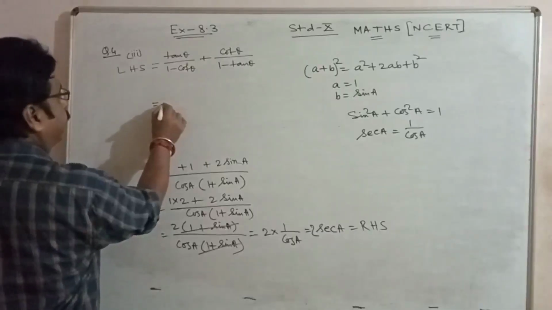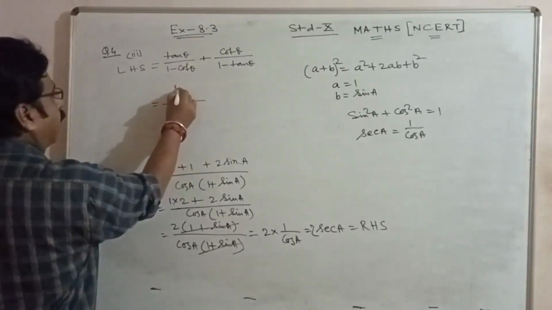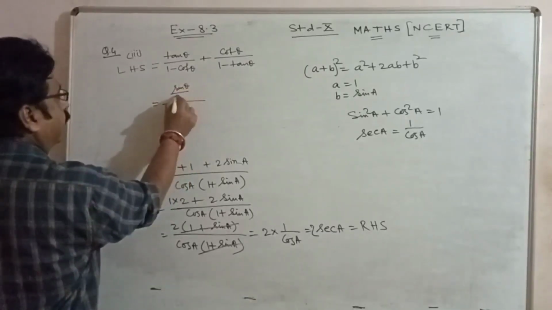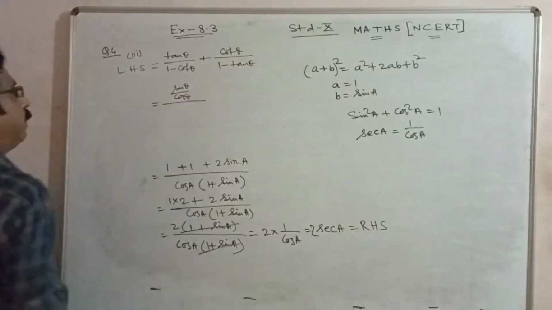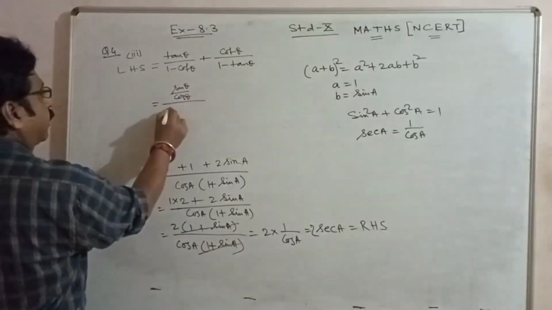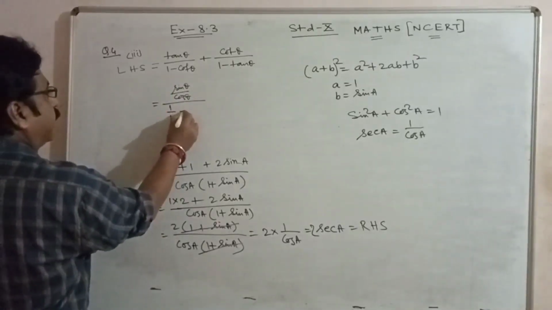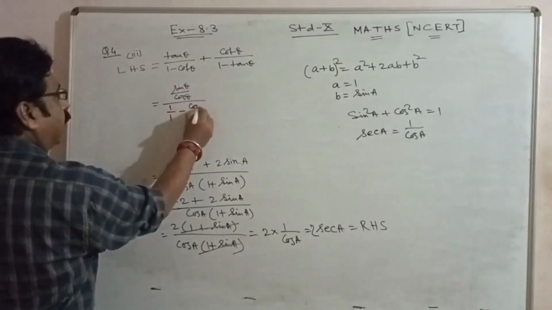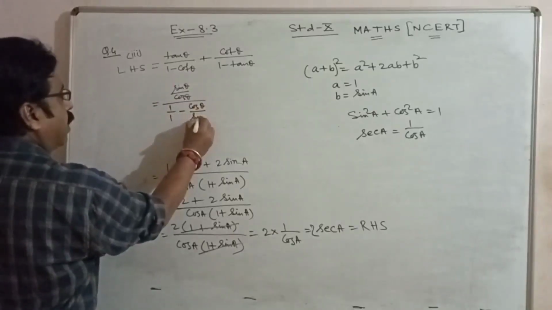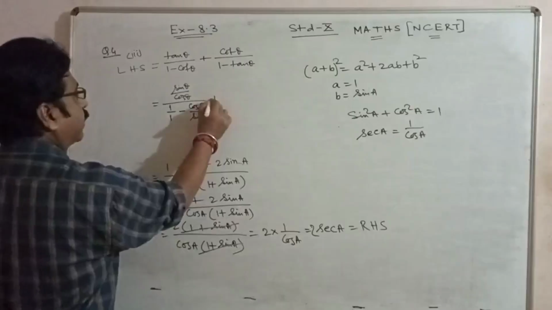Simplify it first. Tan theta means sin theta upon cos theta. 1 minus 1 upon, we can write, cot theta means cos theta upon sin theta, plus.